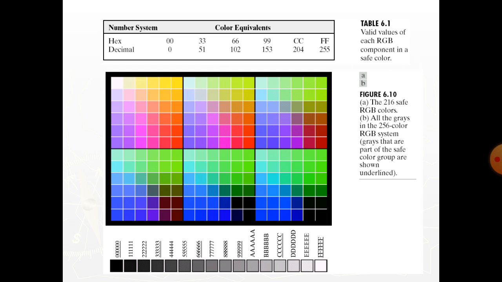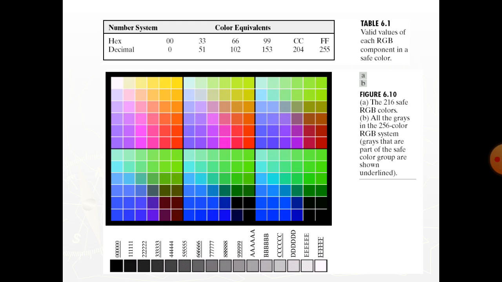Each of the 216 safe colors is formed from three RGB values, but each value can only be 0, 51, 102, 153, 204 or 255. RGB triplets of these values give us 6 raised to 3, which is 216 possible values.